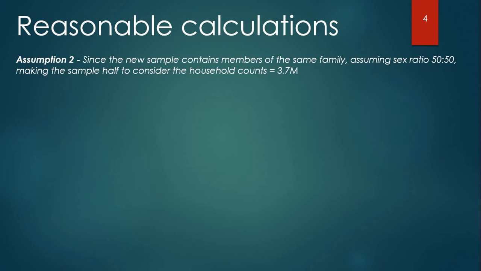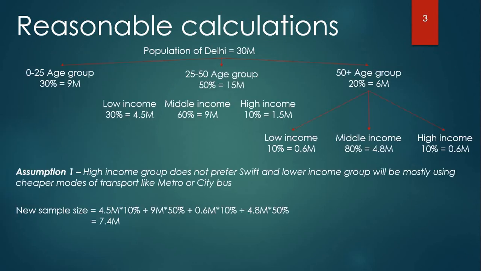After this, I make another assumption that since the new sample contains members of the same family as well, assuming sex ratio of 50-50, making the sample half to consider household counts. So whatever number we get in our new sample size, which is 7.4 million, this is not the household number.